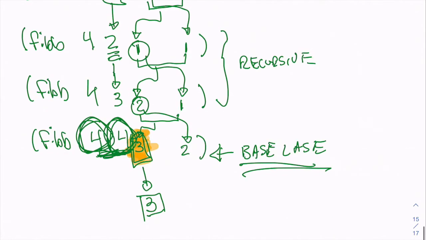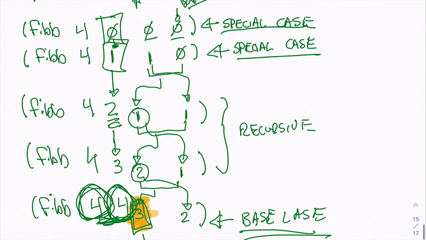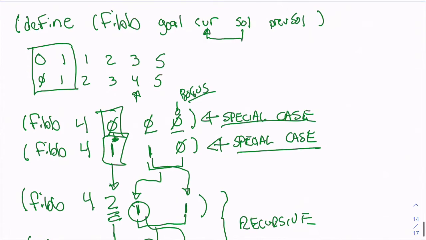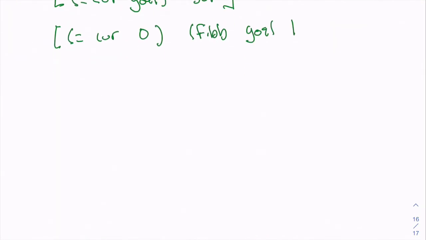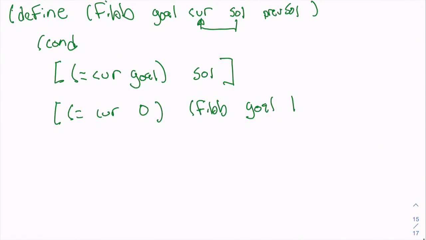So if current is equal to 0, then we'll call Fibonacci with a goal of goal, a current equal to 1, and we're going to pass in the solution for 1, which is 1.